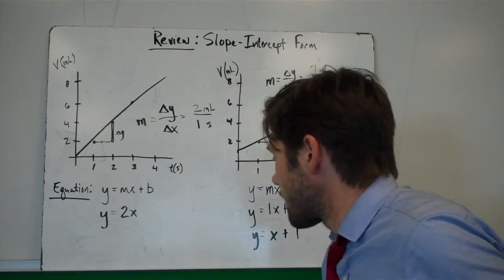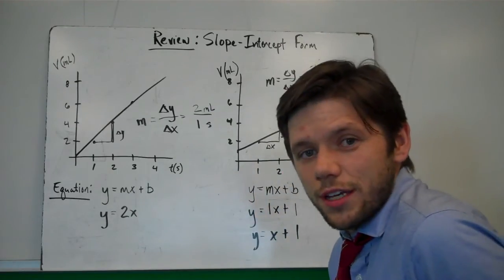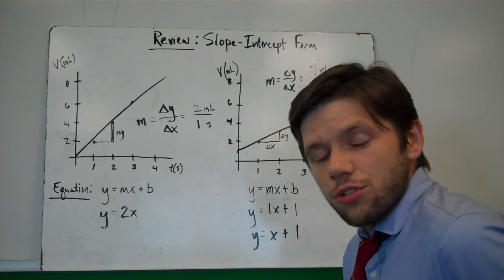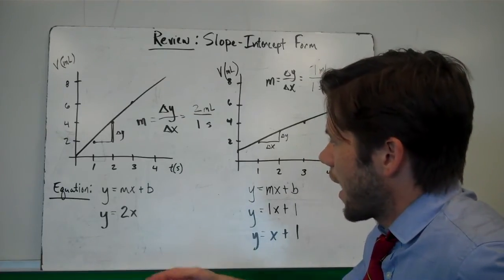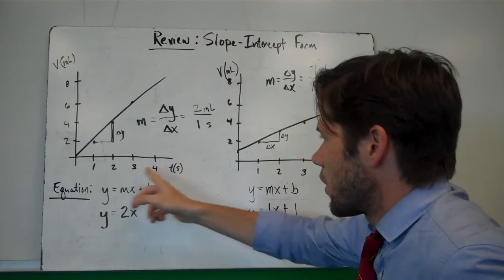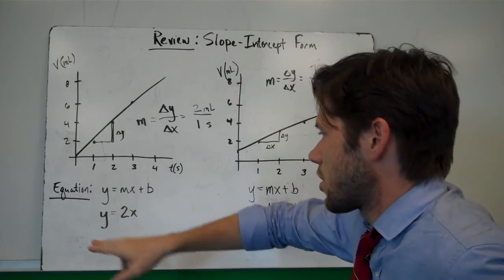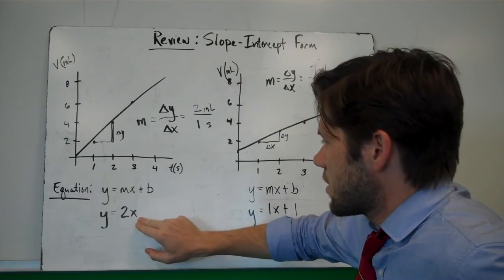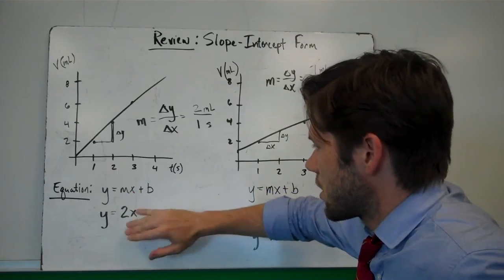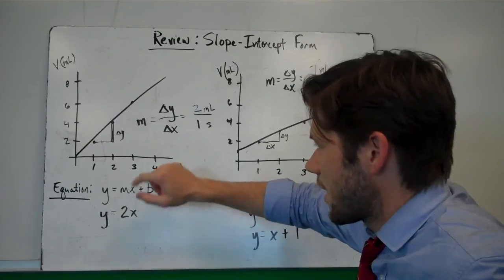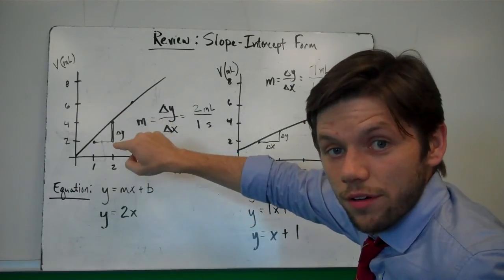We can also see something else that's interesting, which we're going to call the initial condition. And the initial condition is, what is the state of this function when x equals 0? In other words, when there is no time. Where are we starting from? If x is 0 in this case, 0 times 2 is 0, so y equals 0 tells us that initially this sink had no water in it.